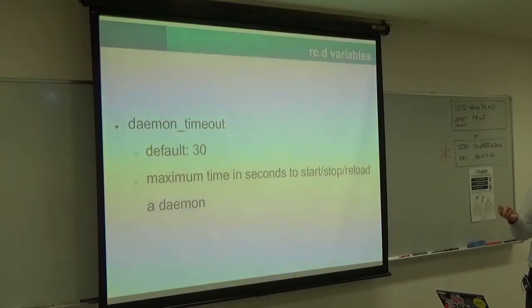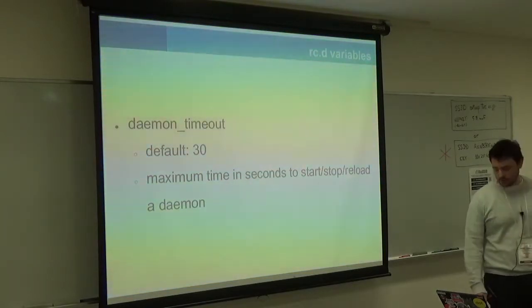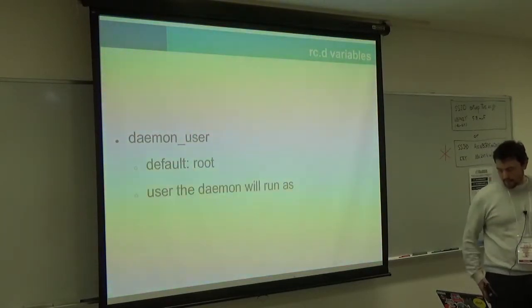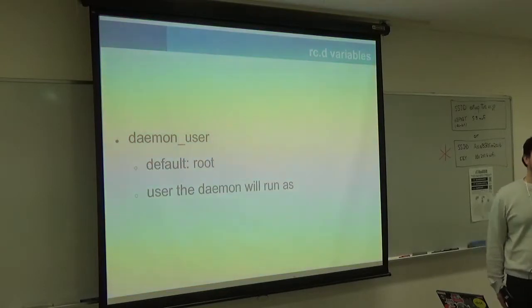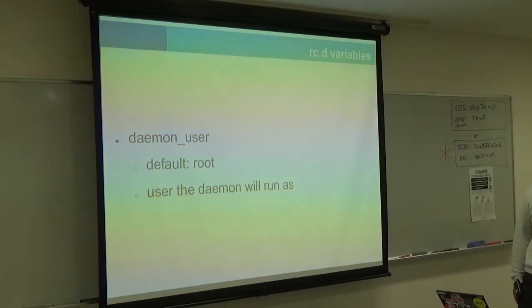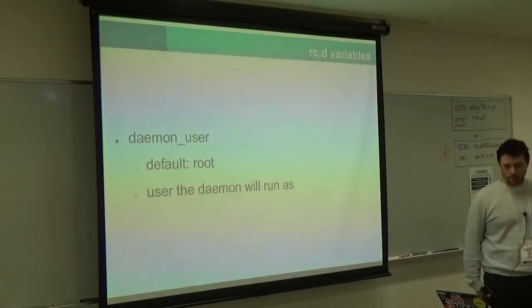And the traditional behavior is that if that's the case, then there will be a hard kill, which you may want not to happen. So in this case, we'll increase daemon_timeout to the value that you need. And at last, we have daemon_user, which is basically the target user for the su command, and which represents the user that your daemon will run under.